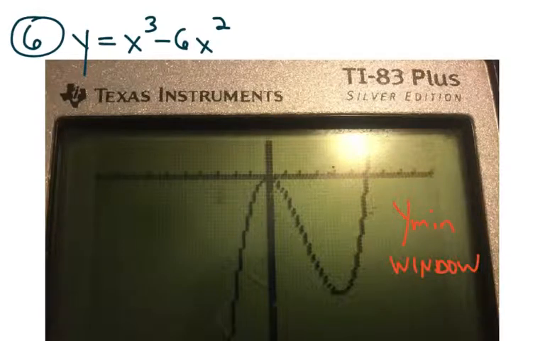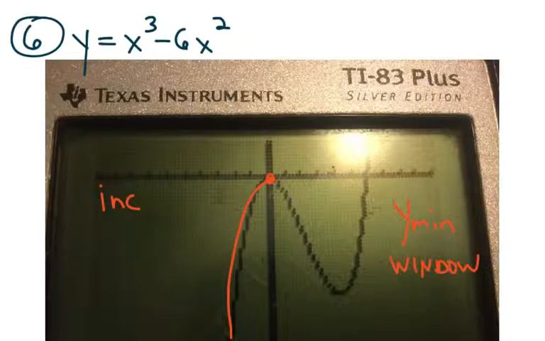Remember that we read the graph from left to right. And every time we hit a maximum or minimum, the graph changes direction. So from left to right, my graph is increasing until I get to some x value up here, which is at a maximum. So I'm going to use the maximum function to determine where it's at.